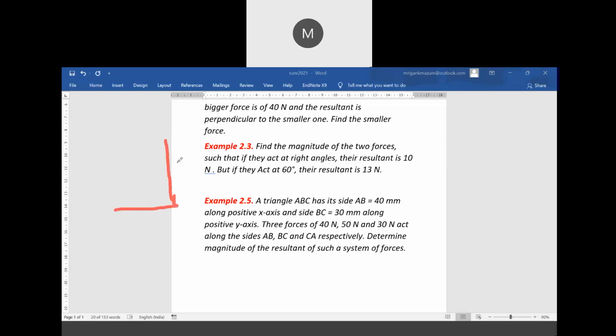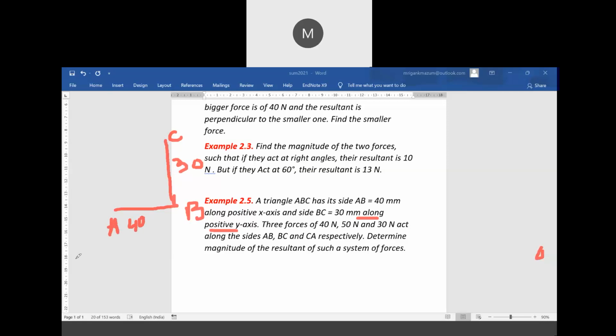Along the positive y-axis it is 30, this is B, this is C. Along the positive x-axis, that is AB, it is 40.